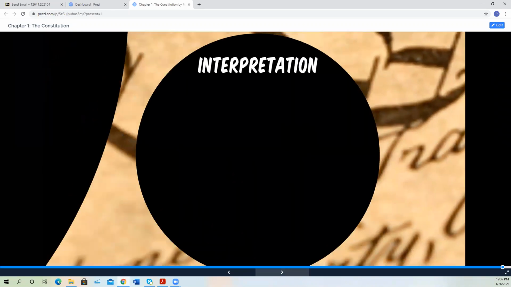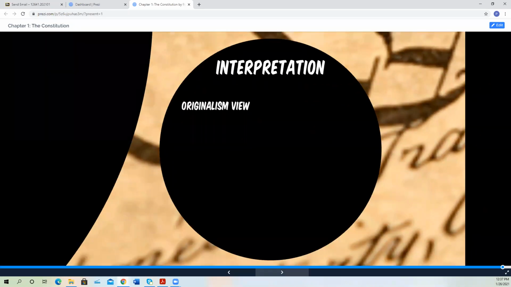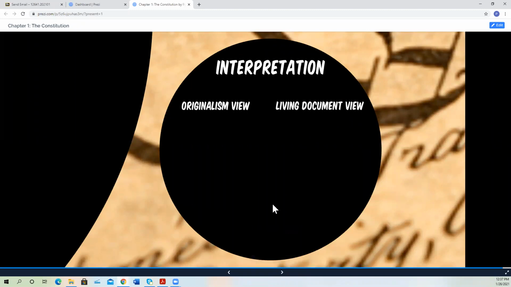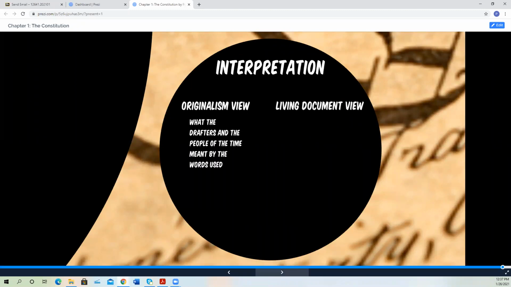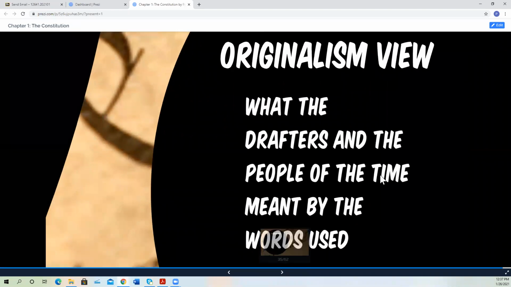Finally, there's 2 ways that the Constitution is interpreted. We have the originalism view, and we have the living document view. If a Supreme Court justice has an originalism view, that means that if we're going to interpret the Constitution, we're going to interpret it how the person who wrote it meant at the time.